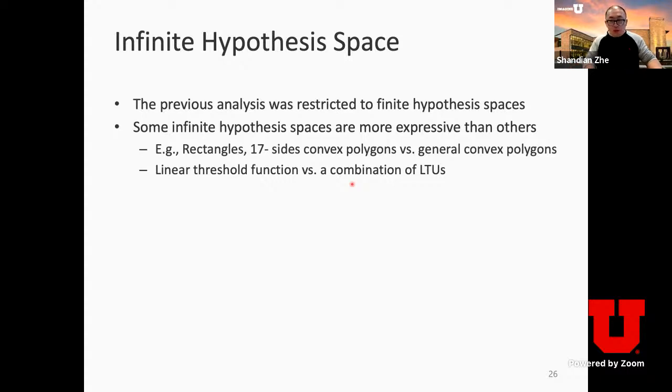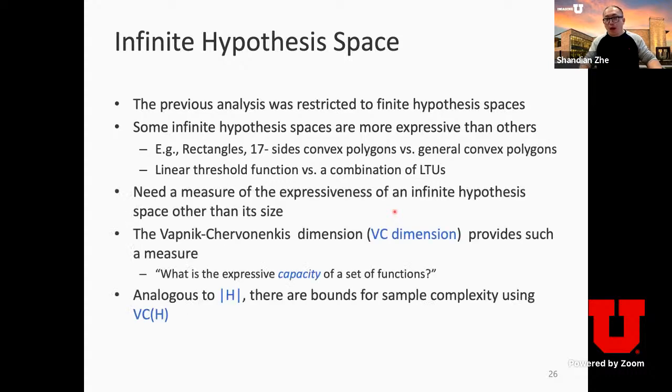In many machine learning models, we are actually searching over infinite hypothesis spaces. Obviously, we want some theoretical guarantees about how many examples we need to achieve a particular level of error at a particular level of certainty, or how we can bound the generalization error according to the current training error.